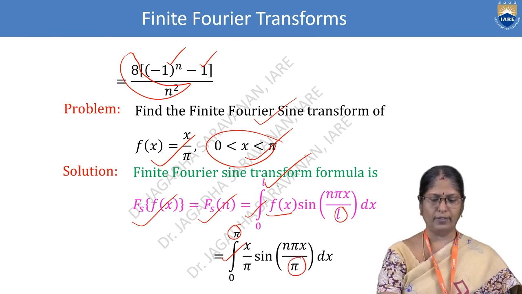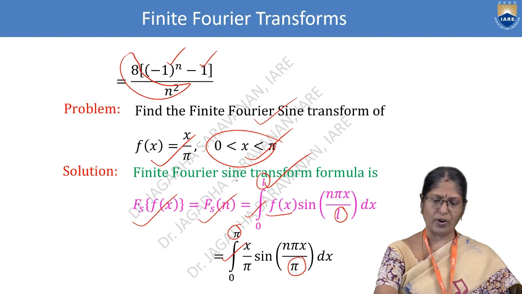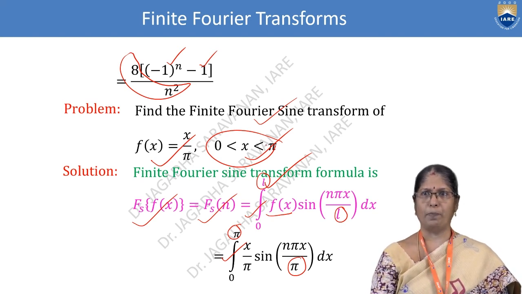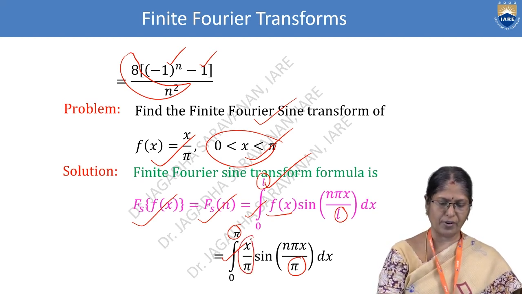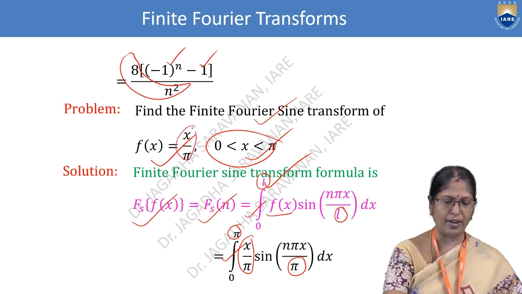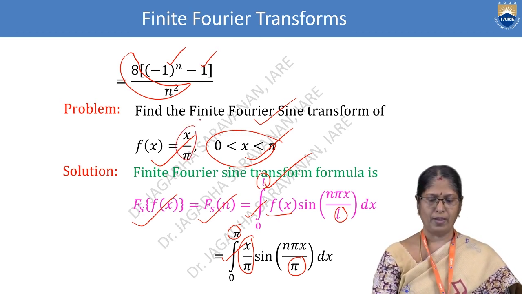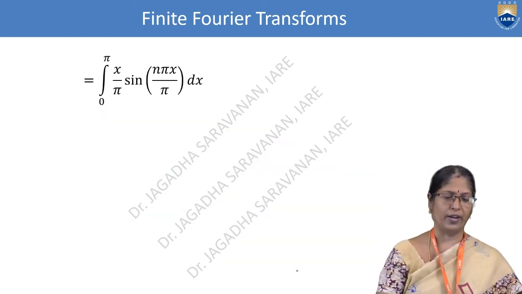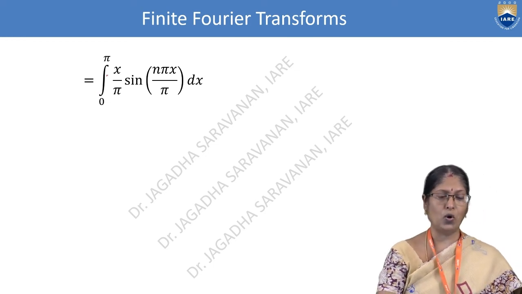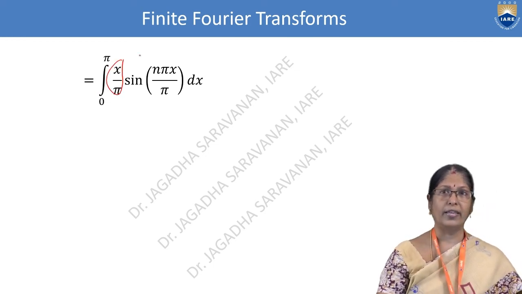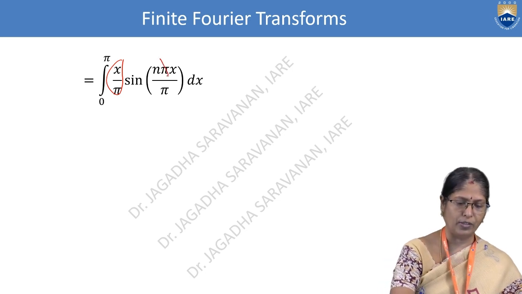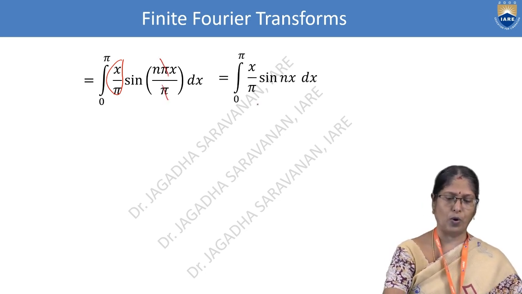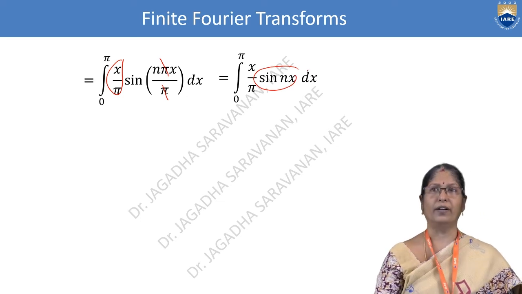The two places are replaced by our given limit pi. F of x is replaced by our given function x by pi into sine of n pi x by L, and our L is pi. This pi is getting cancelled, so we get the integral from 0 to pi of x by pi, and this we cancelled, so we got sine nx dx.